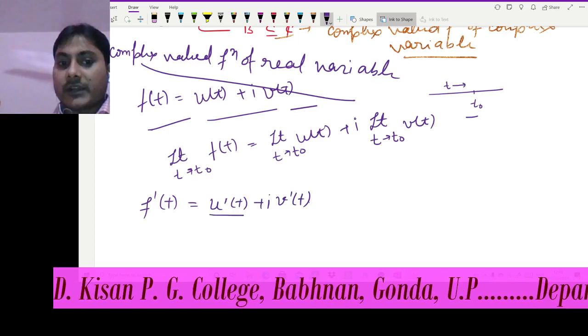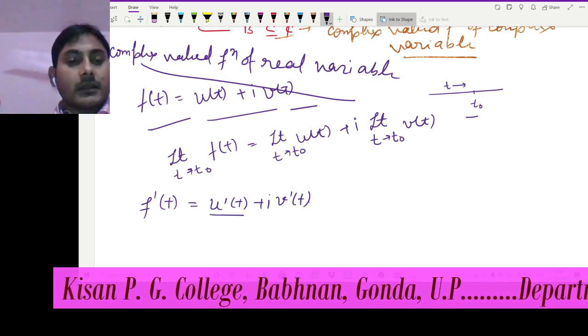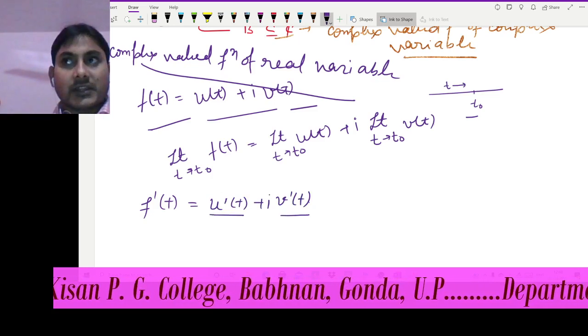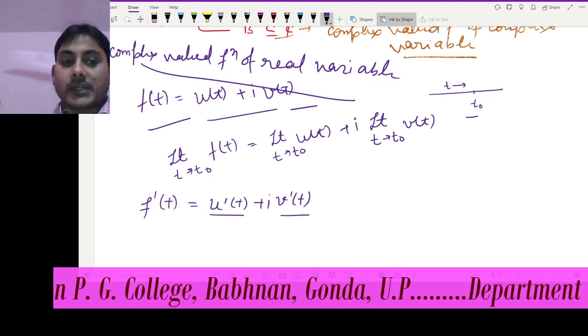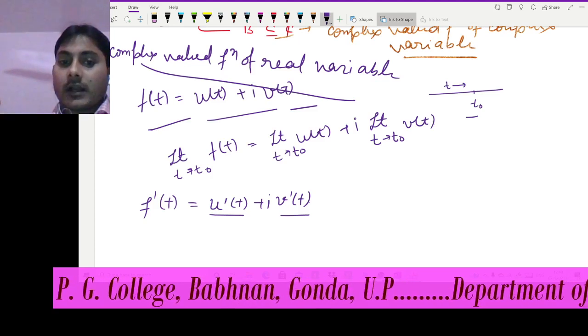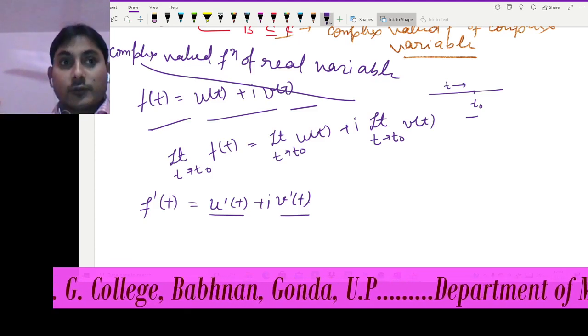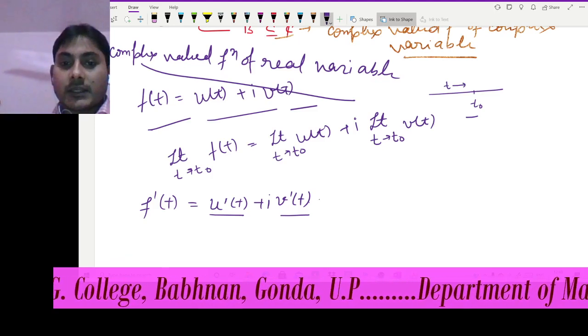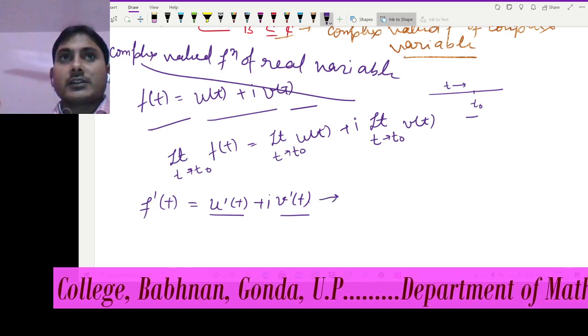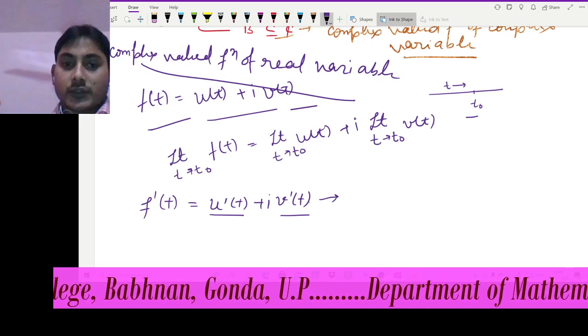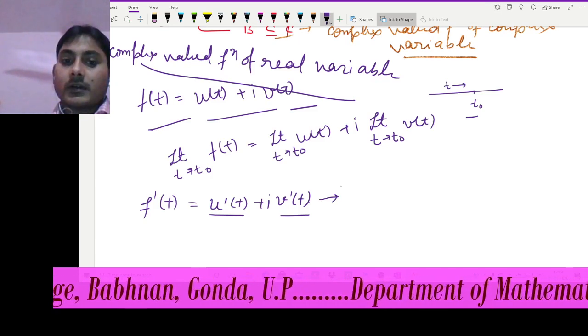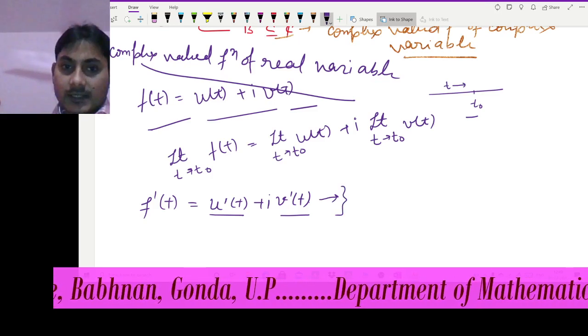This is the differentiation of real functions, real functions meaning real valued functions of a real variable. I hope that you know this kind of differentiation, because you have already learnt it in class 12. So I hope that you understand this.